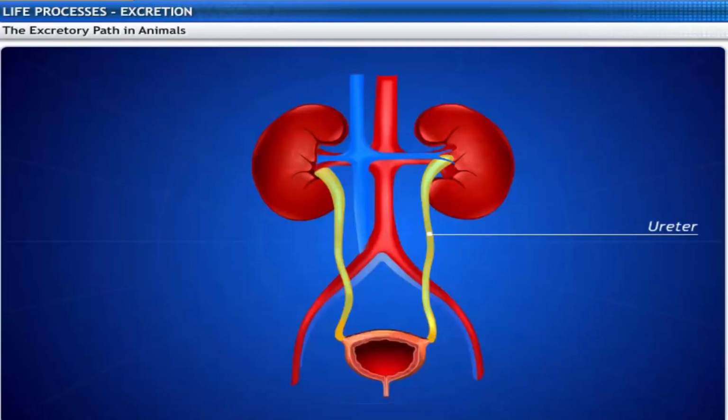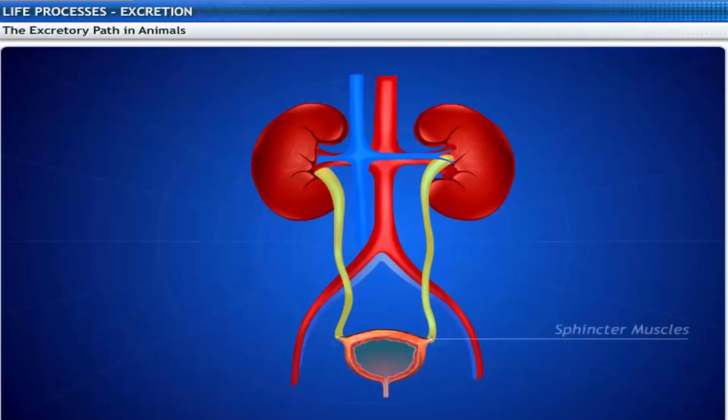Two ureters carry urine from the renal medulla to the bladder. Each ureter is about 10 to 12 inches long. The bladder is muscular and bulges when urine enters it and contracts when urine passes through.